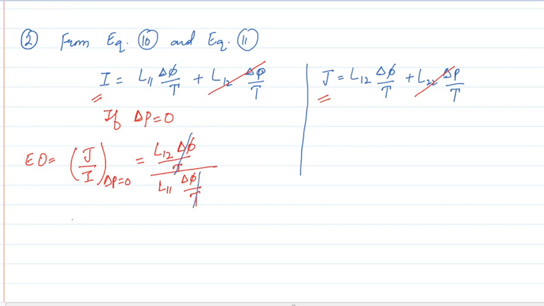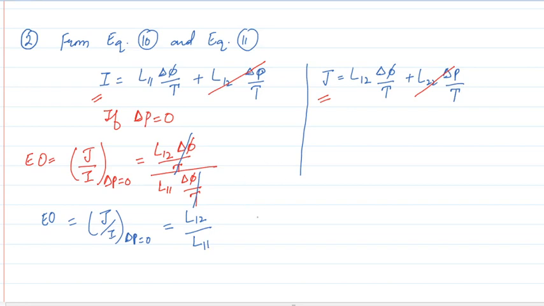So electro-osmosis will be simply equal to J upon I at delta P equal to 0, which will be equal to L12 upon L11.